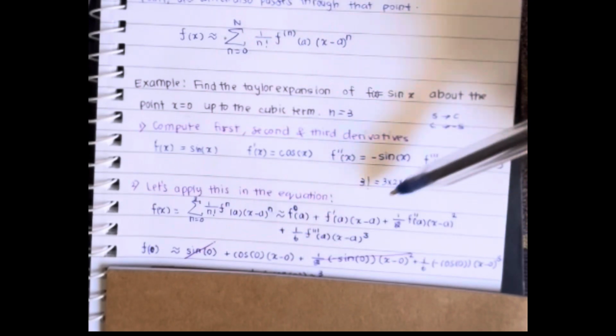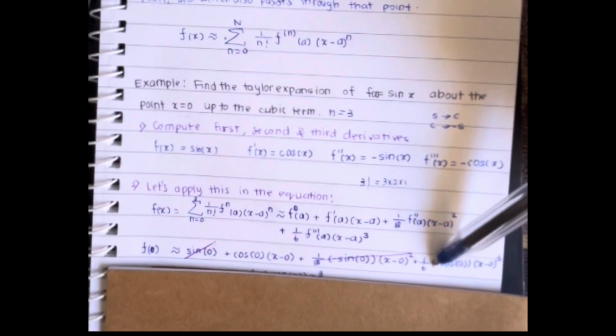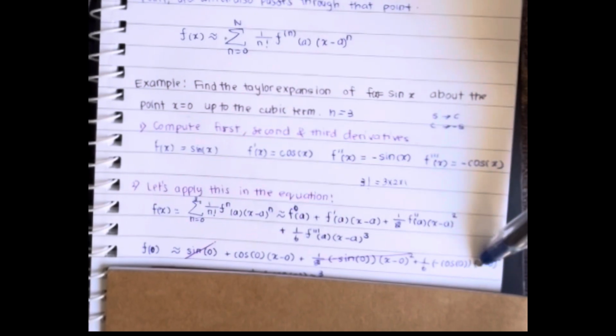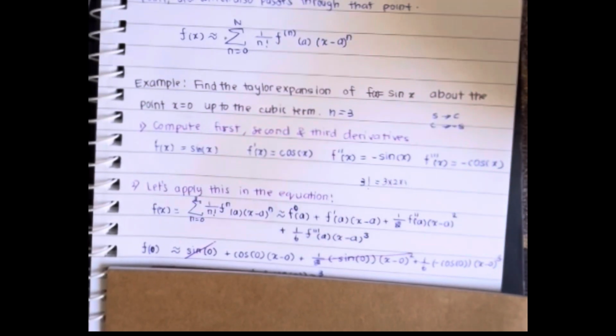Our third derivative is negative cos x, and we are approximating for x equal to 0. Then (x minus 0) to the power of 3.